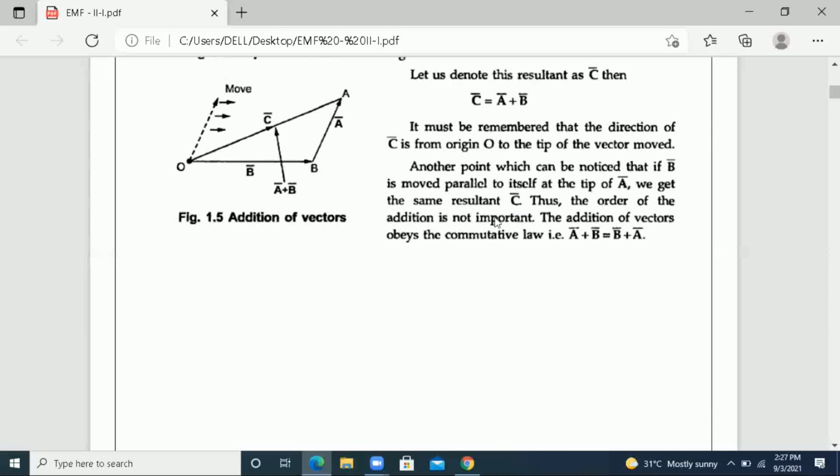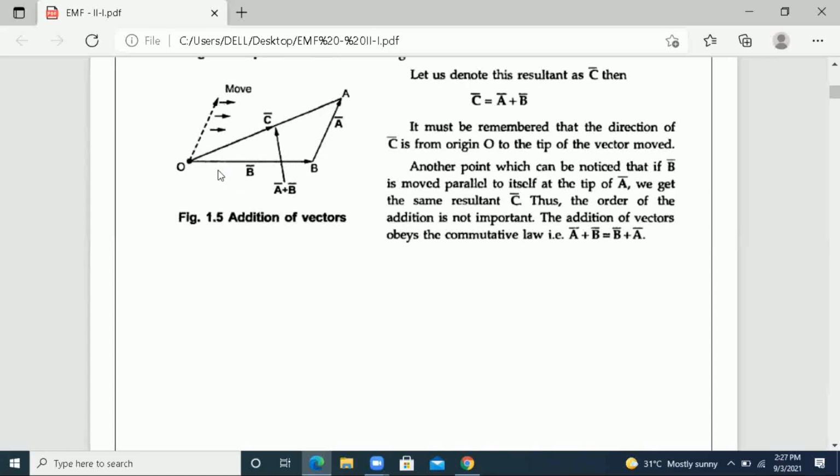Now, like numbers, vector A plus vector B is the same thing, like 2 plus 3 equal 5, 3 plus 2 equal 5.